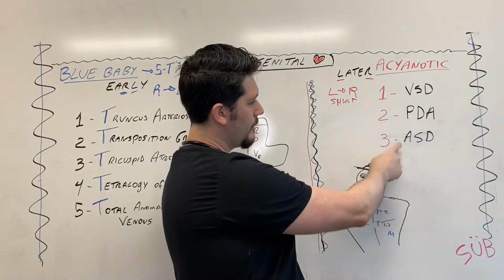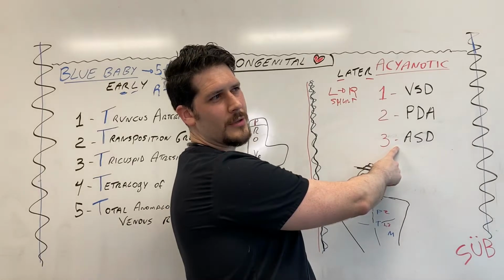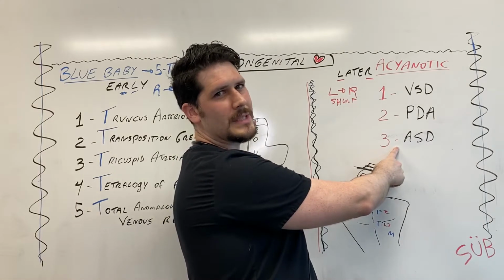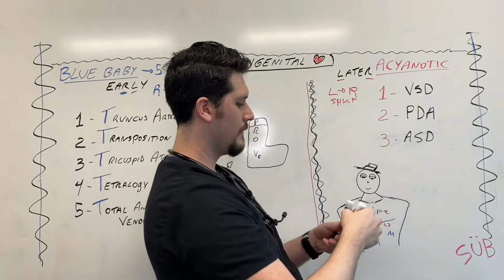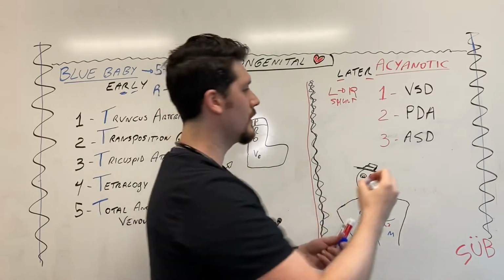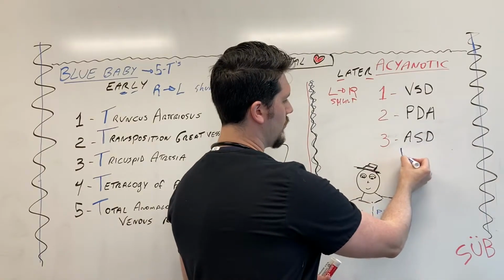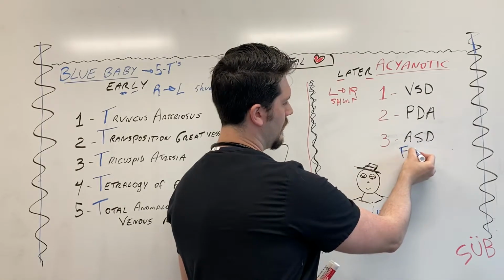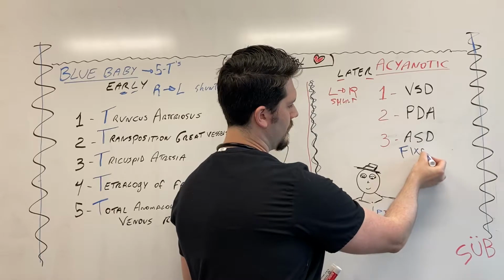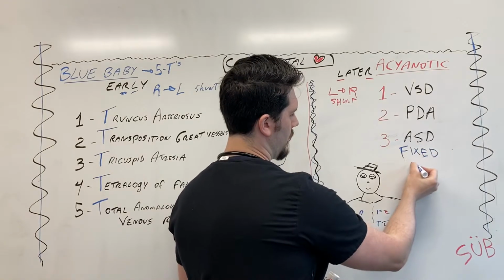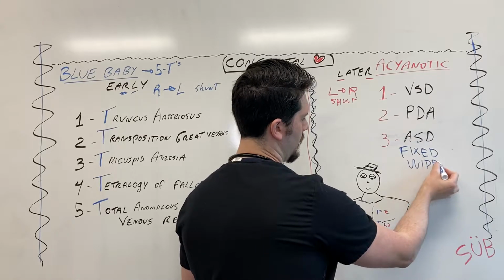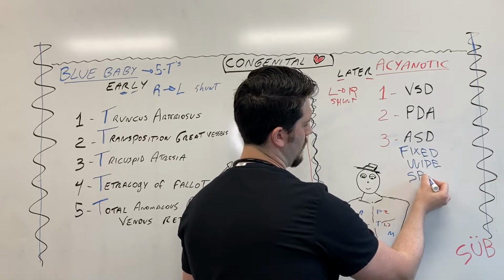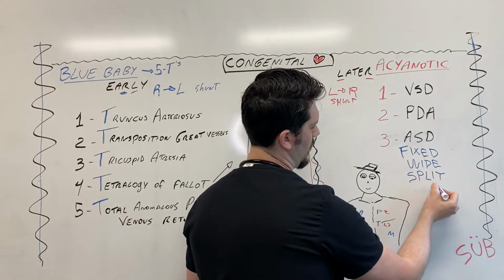Then, ASD, atrial contraction. So, diastolic murmur, and this one I will write. And this is the one that they like to say: fixed, wide, split S2.